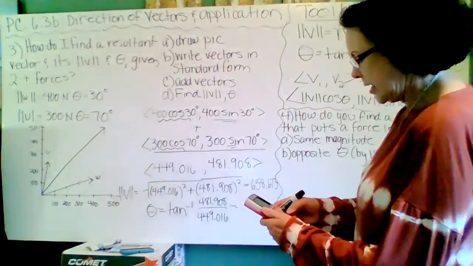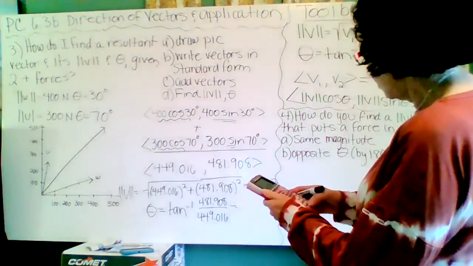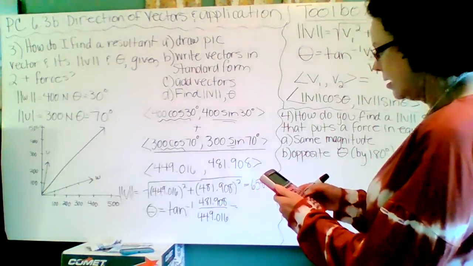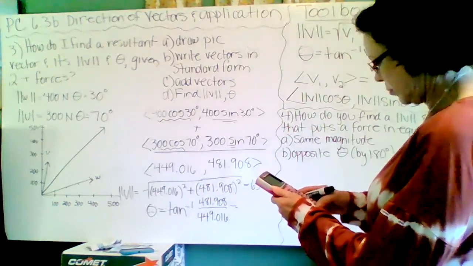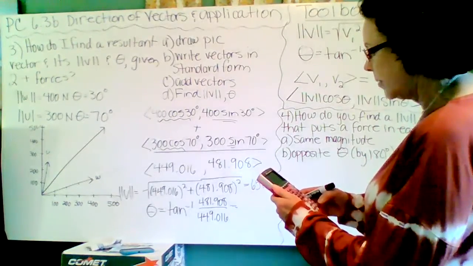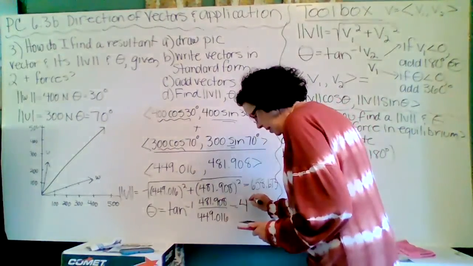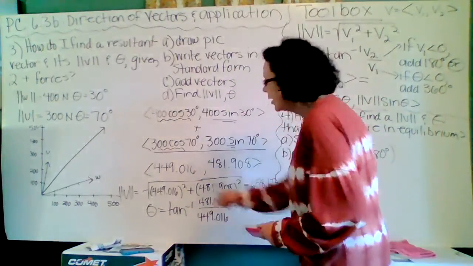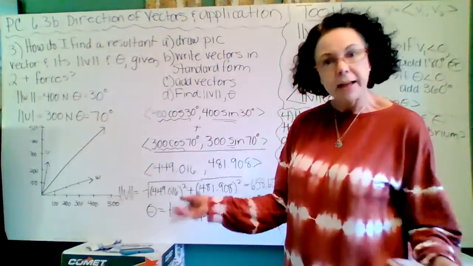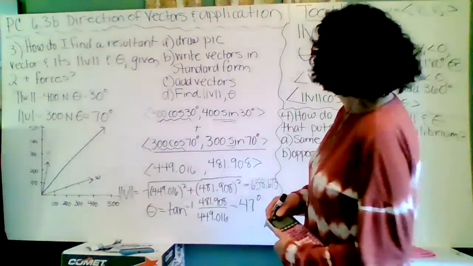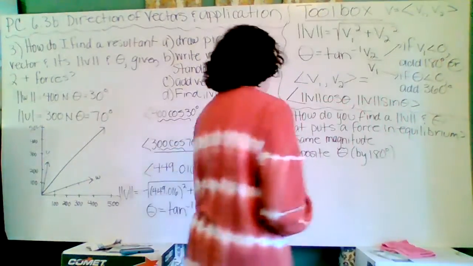Let's do that. Inverse tangent, 481.908 divided by 449.016. That angle measure 47 degrees. 47 degrees, close to 50. 47 degrees, right? And you can see from the picture, it about is, right? So that's pretty cool, I think.